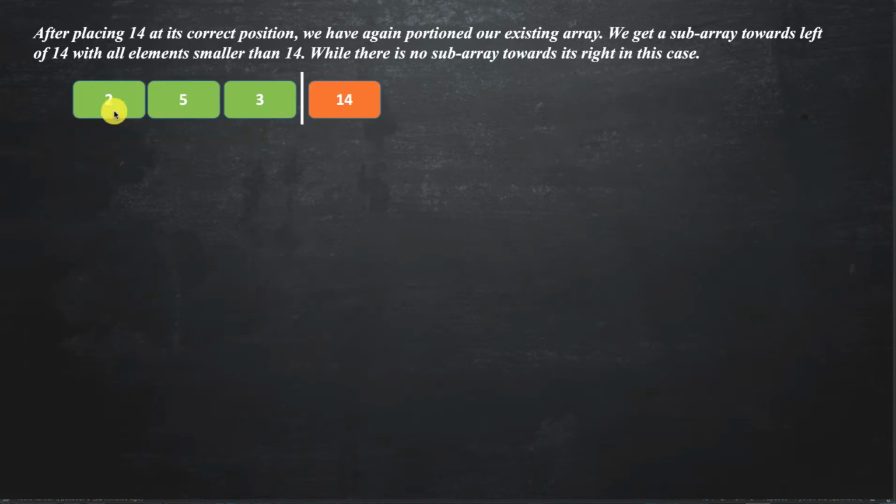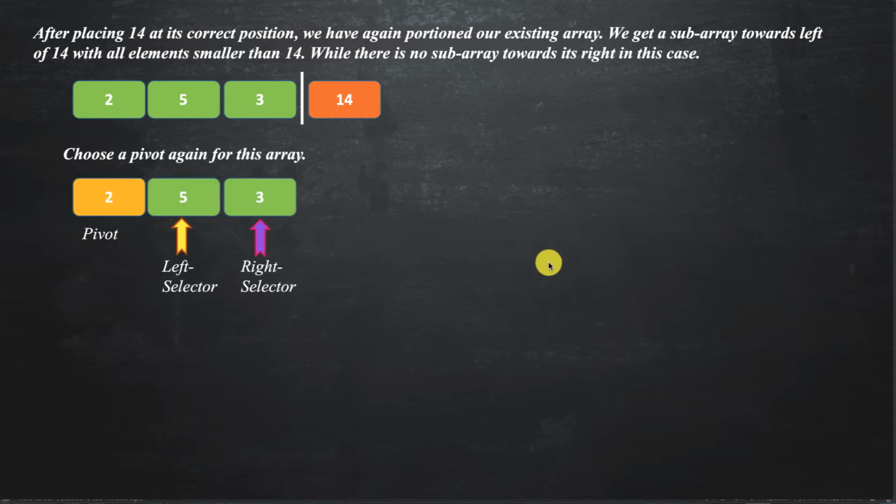So now we have divided our sub-array into another sub-array where we have 3 elements and 0 elements. Now let us continue the same process. Again, we will choose the first element as a pivot, and we'll have 2 selectors. We need to find an element greater than the pivot, so the left selector will stay here and the right selector will try to move until here.